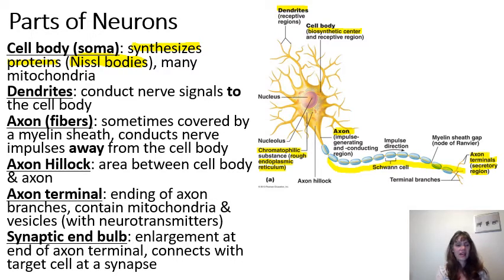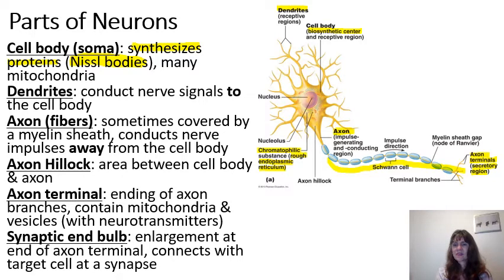Imagine an electrical wire having a covering of plastic to allow electricity to flow more efficiently. The myelin sheath helps do the same thing. However, you will notice that there are little gaps between the cells that make up the myelin.